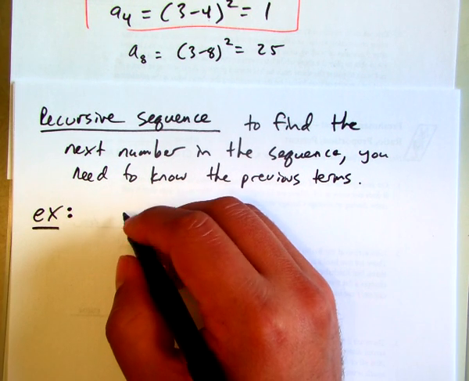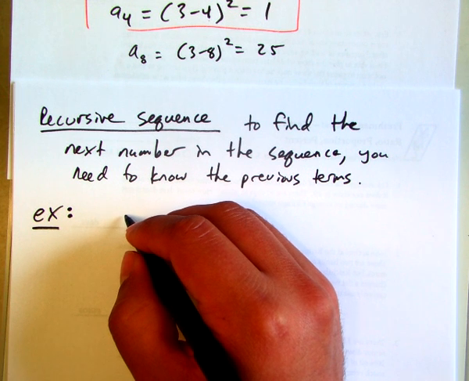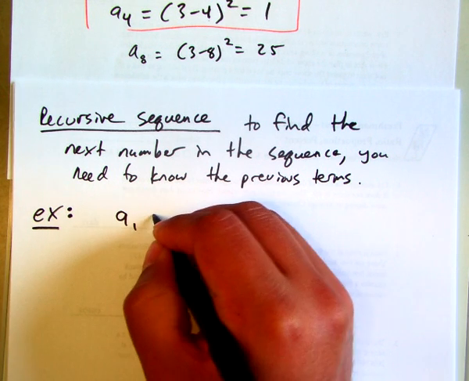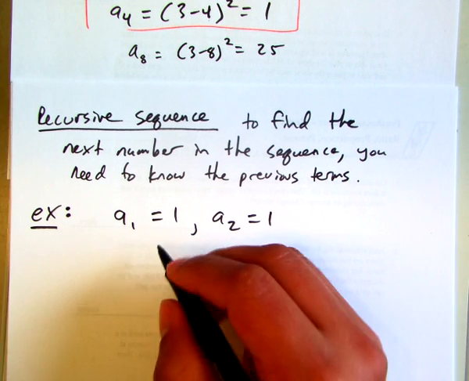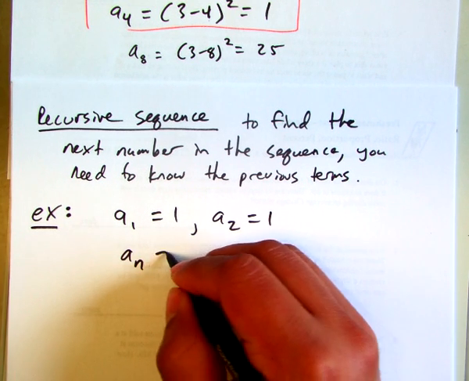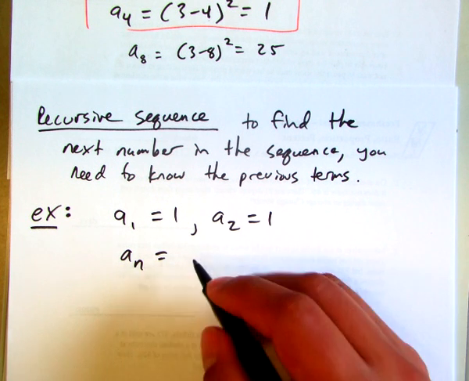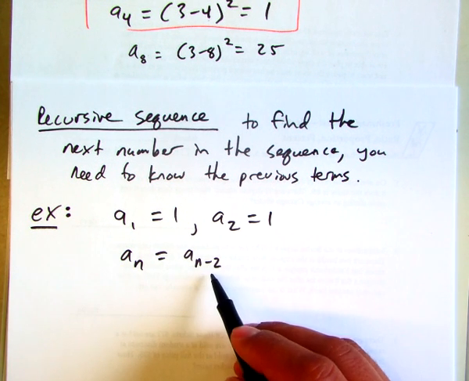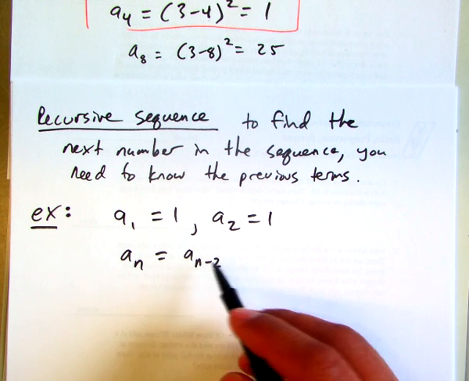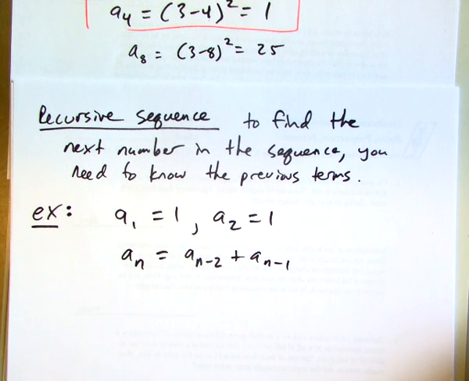And here's what it looks like. Typically what you'll have is one or two, or it doesn't really matter how many, but you'll know some of the terms. So let's say that the first term is 1, the second term is 1, and now you have a rule that says that the nth term, which is what a sub n means, is simply the a sub n minus 2 term plus a sub n minus 1 term added together.